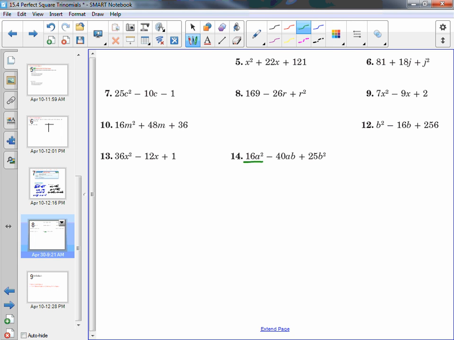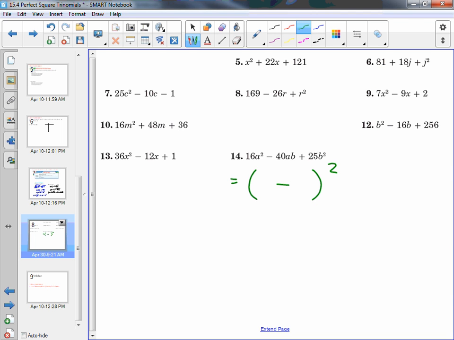Yeah, what's its square root? 5b. So a is 4a, b is 5b. That's weird, right? So is the middle, it's negative, but that's okay. Is the middle term negative 2 times 4a times 5b? It is. So this is a perfect square trinomial.